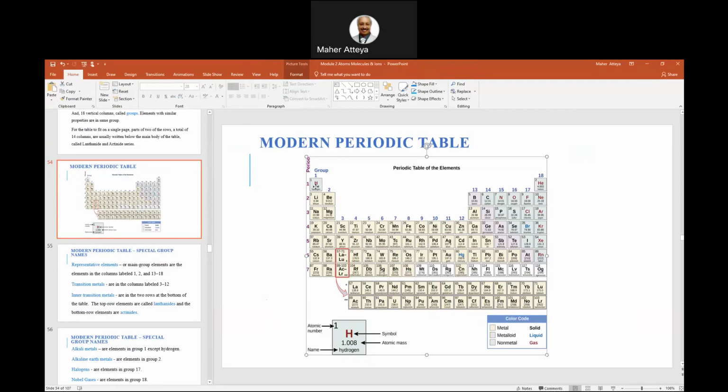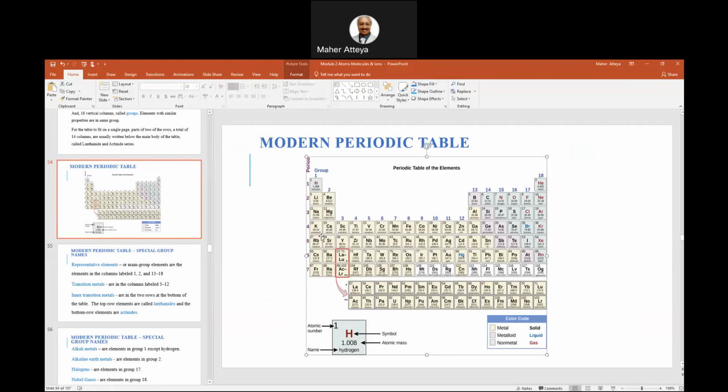If you look at all those groups, within the same group they show the same behavior, chemically and physically. So group number 2, for example, they are found in nature as an element, and they can also be found in nature as what? As oxides.